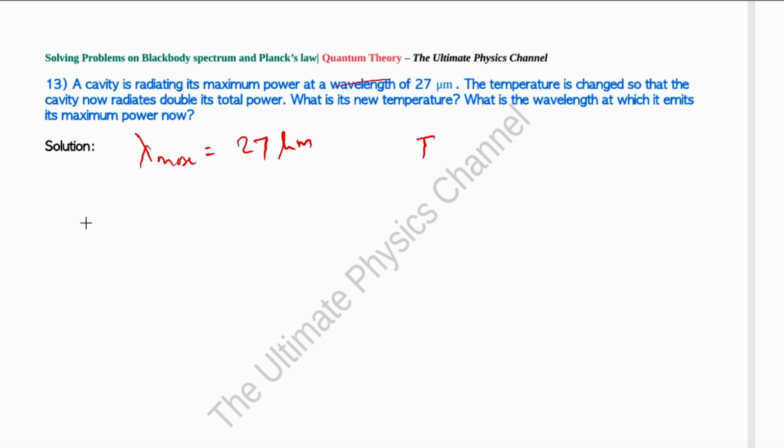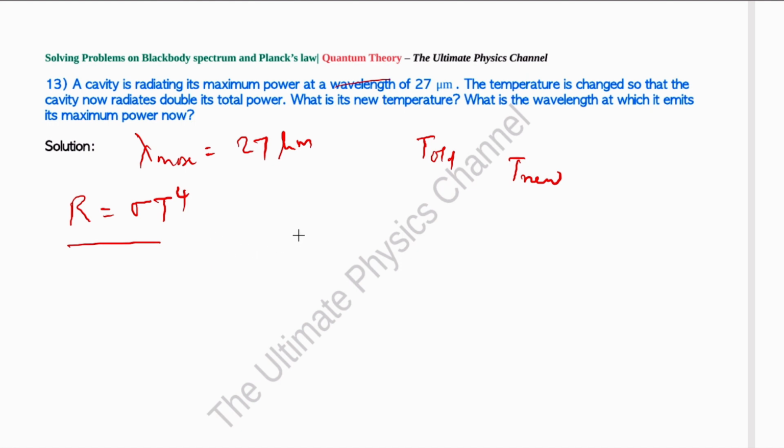We can say that the original temperature is T old, let's say. The new temperature is T new. According to Stefan's law, if you take the total power radiated per unit area, this is the expression, right?